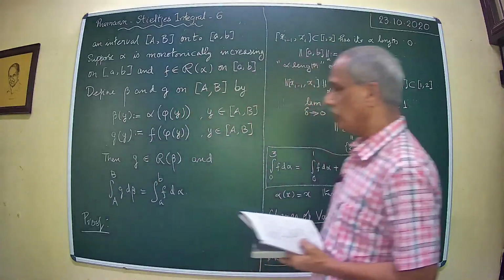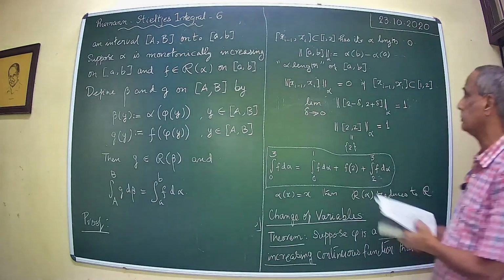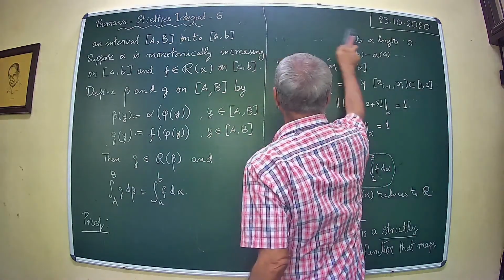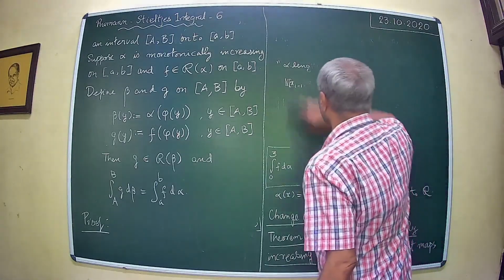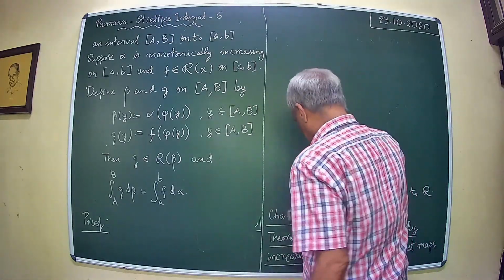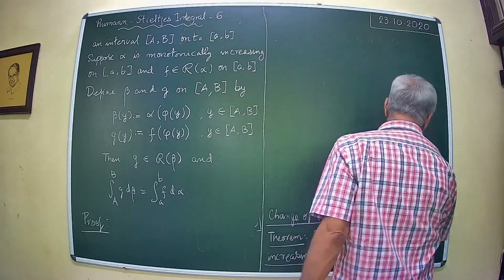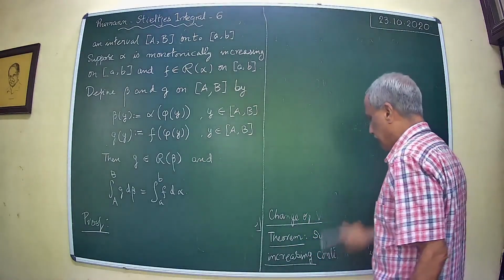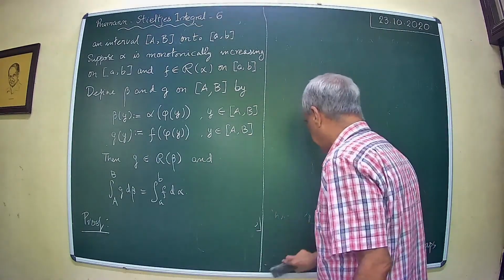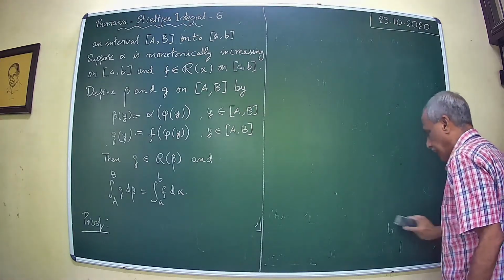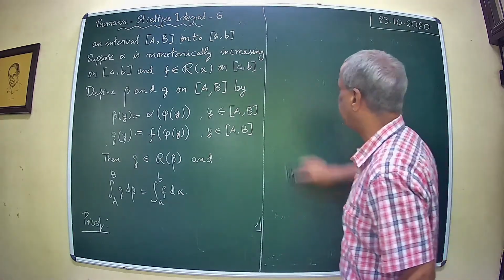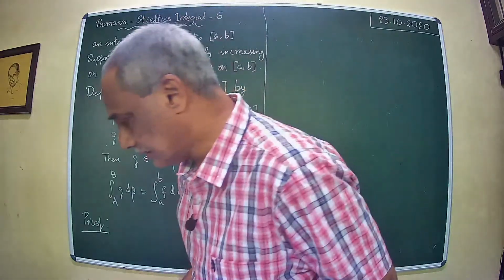Now before we embark on the statements of the proof, we will examine what is the statement of the theorem. And then that will give you a good insight into what it is.